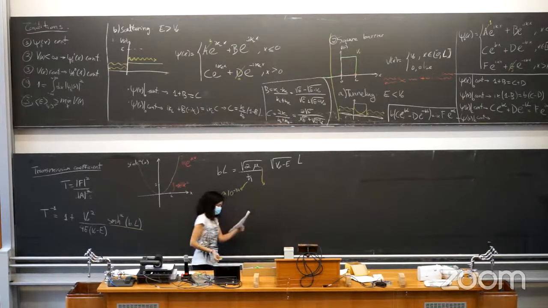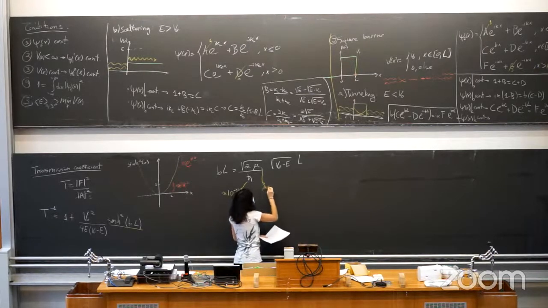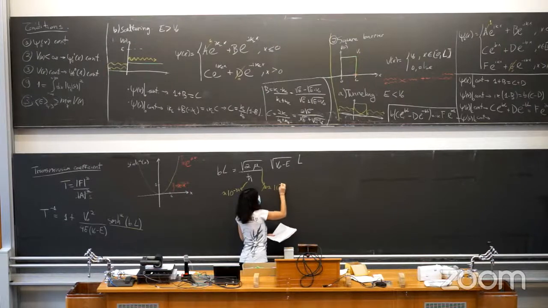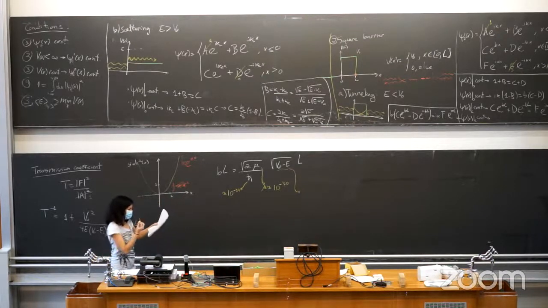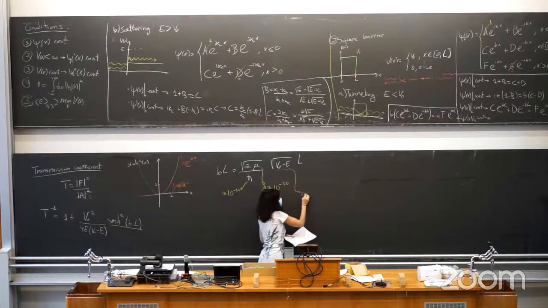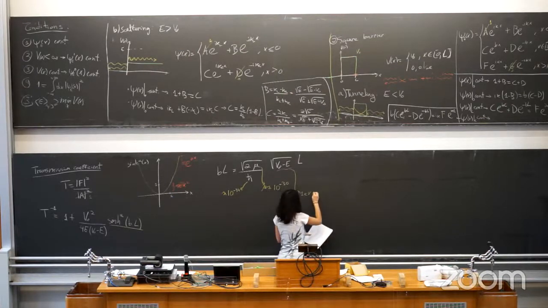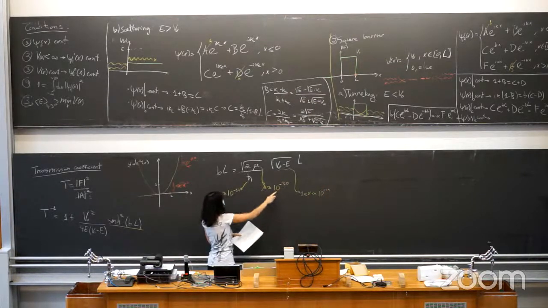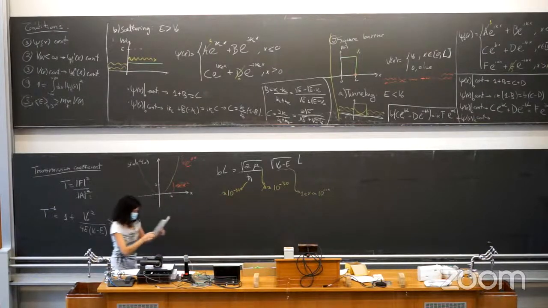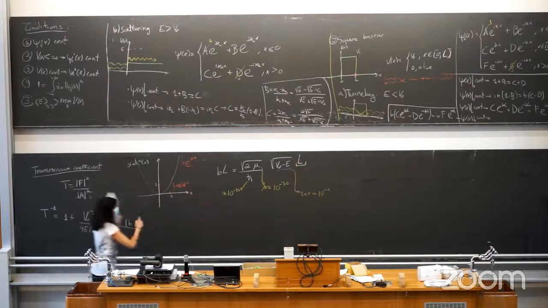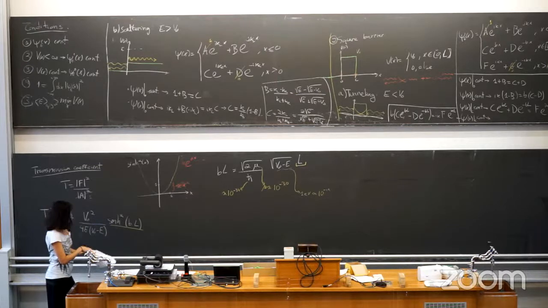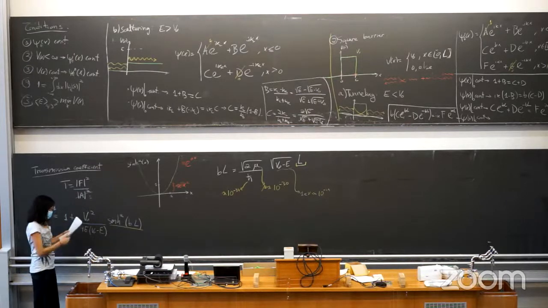The mass of the electron is more or less 10 to minus 30. The energies typically used here are of the order of 1 electron volt, which in the international system is 10 to minus 19. So this is joules, this is kilograms, and then we have this L here, which we can change from millimeters to nanometers, depending on our lab settings.